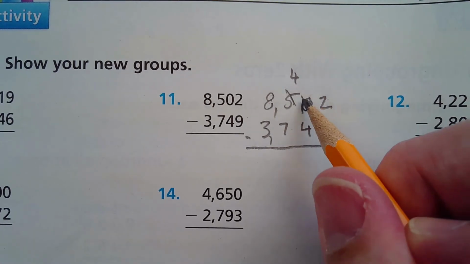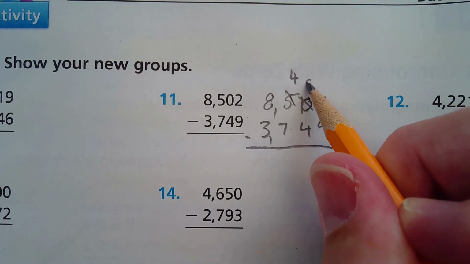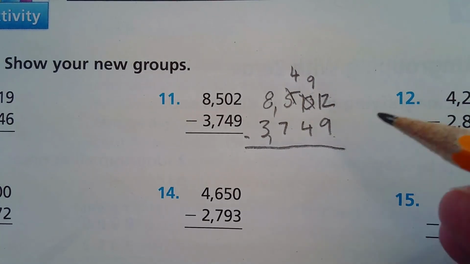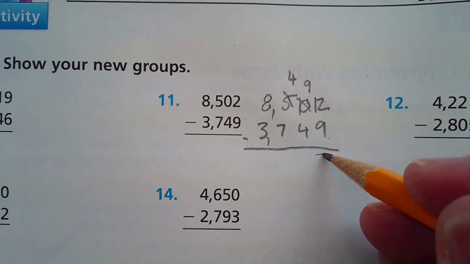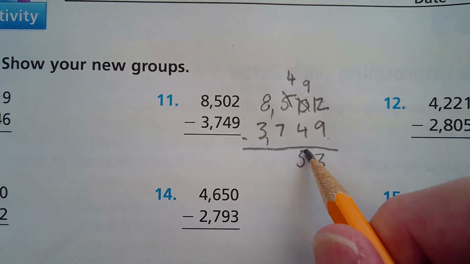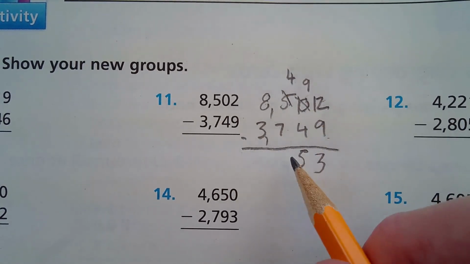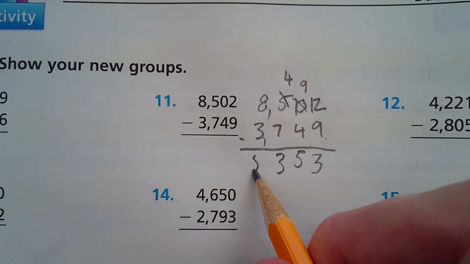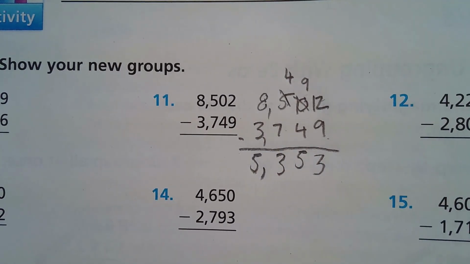And now that he's a 10, I can borrow from him. Now that's a 9, and this becomes a 12. Okay, so now I've got 12 take away 9 gets me 3. 9 take away 4 gets me 5. 4 take away 7 gets me 3. And 8 take away 3 ends up with a 5.